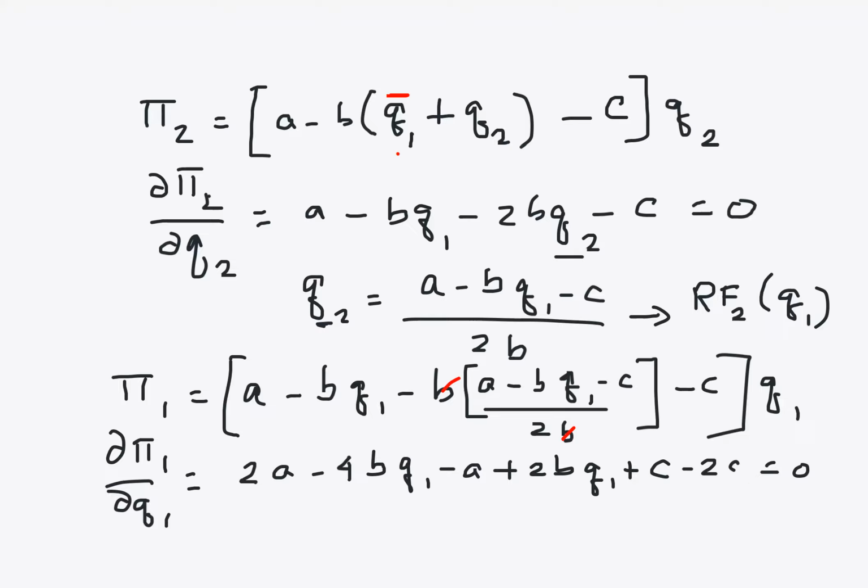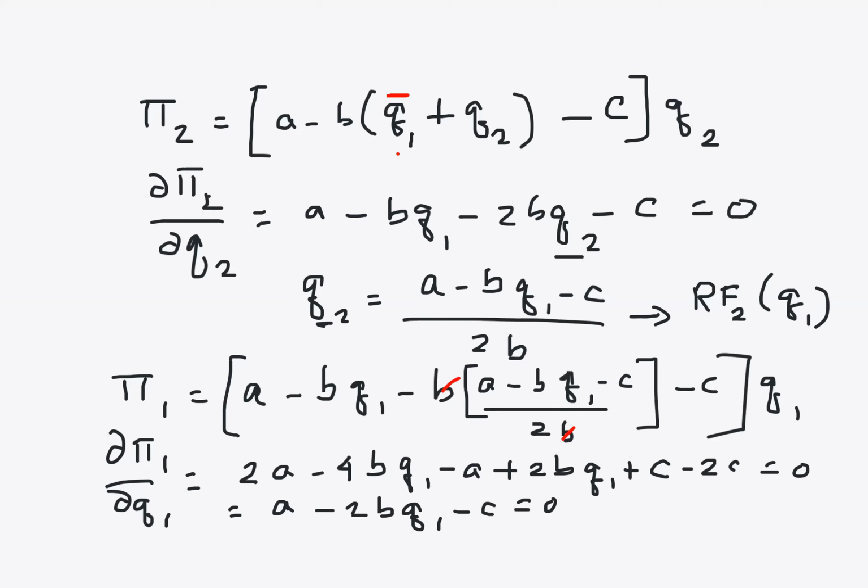So this simplifies to 2A minus A, which is A, minus 4BQ1 plus 2BQ1 gives you minus 2BQ1, and then plus C minus 2C gives you minus C, and that equals 0.